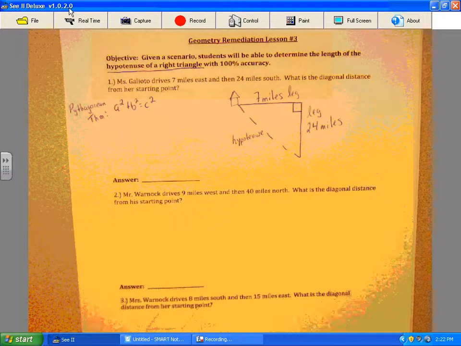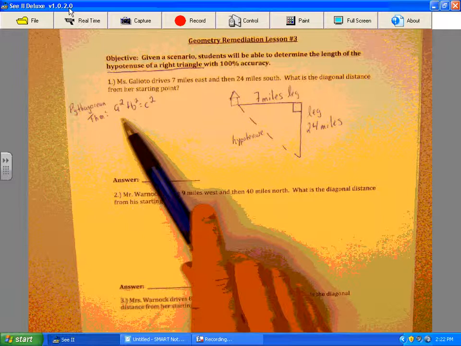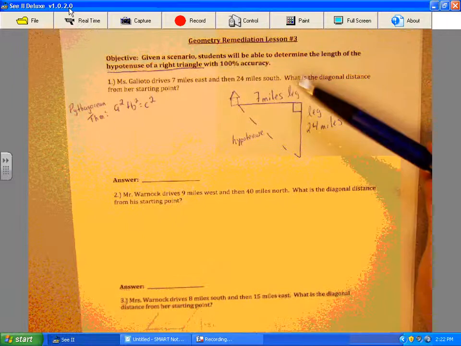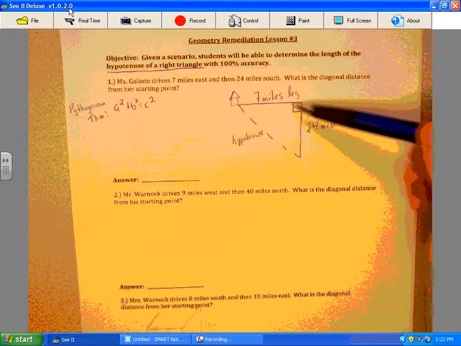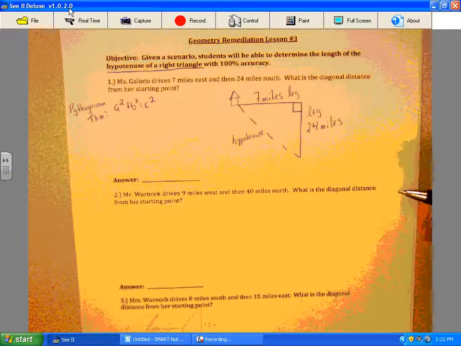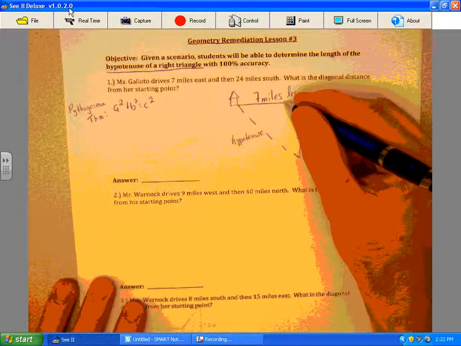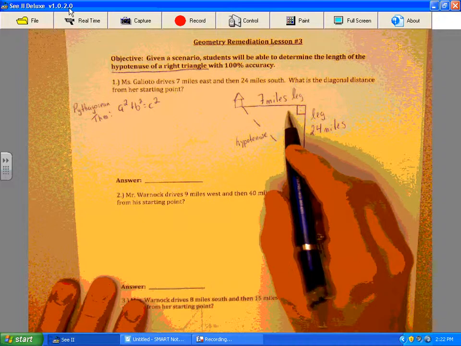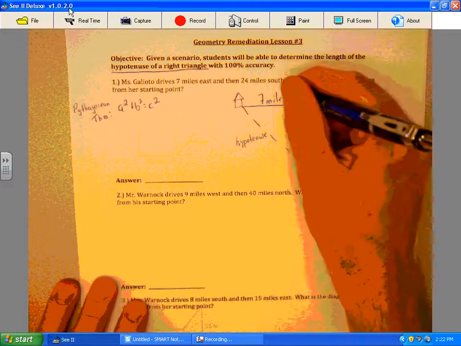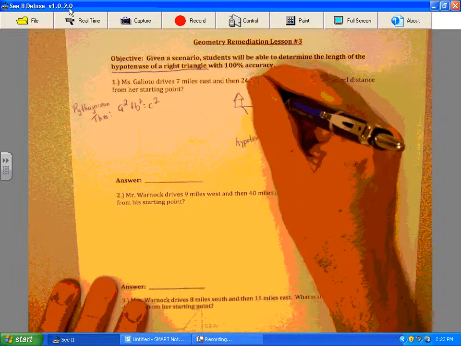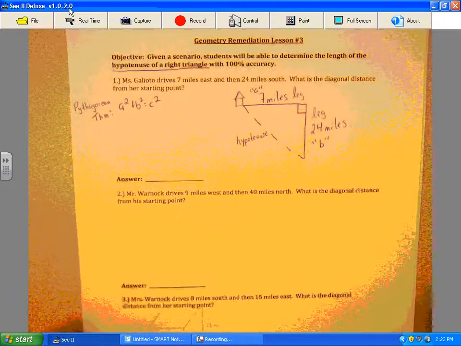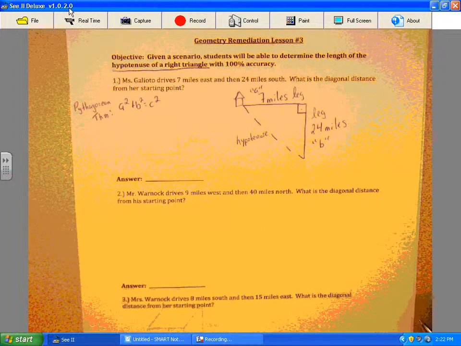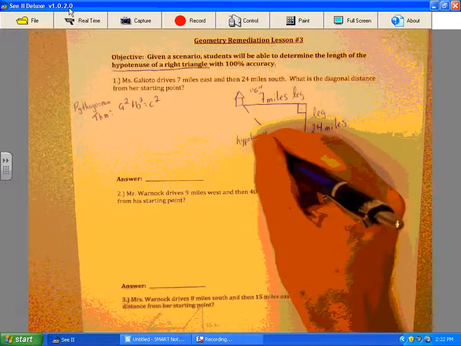So you might be asking yourself, well, where do these a's, b's, and c's come from? Well, they come from the parts of this right triangle. Each leg is either a or b, and it doesn't matter which one you label it. So I'm going to label this leg right here with the 7 miles, I'm going to label that leg a. So this will be side a, or leg a. This will be leg b. The only part of this that does matter is that the hypotenuse is always c.